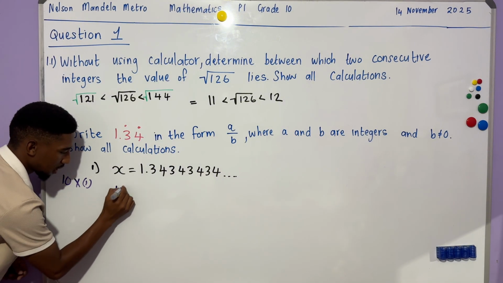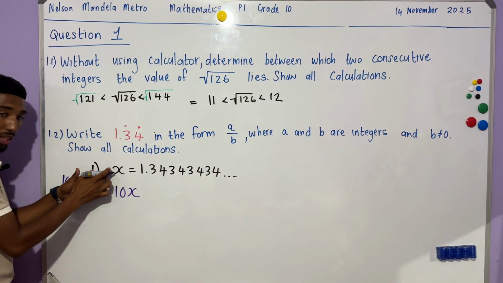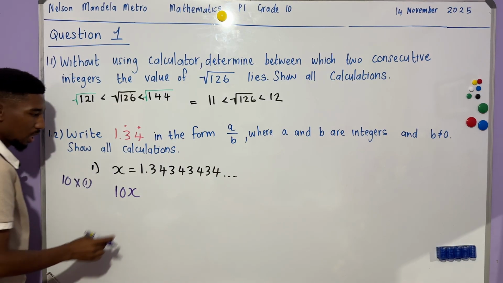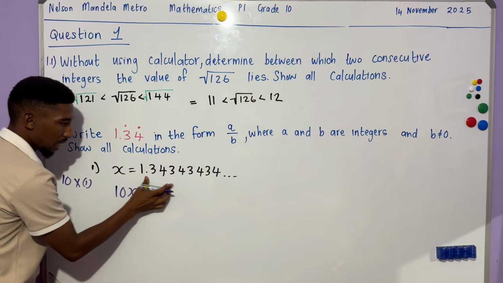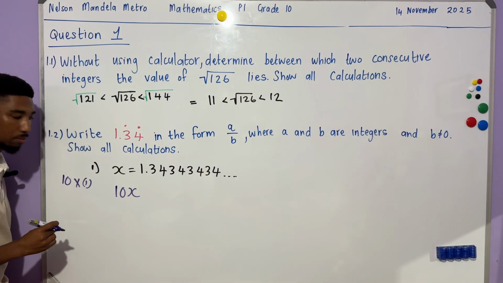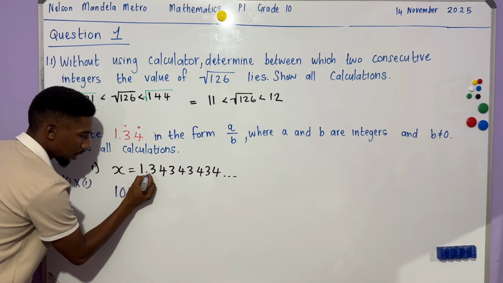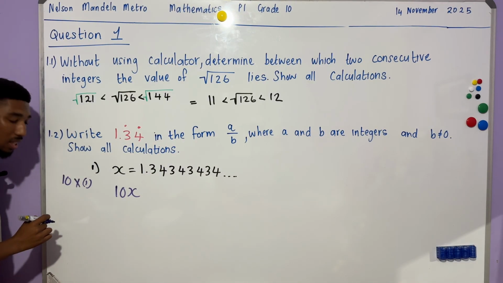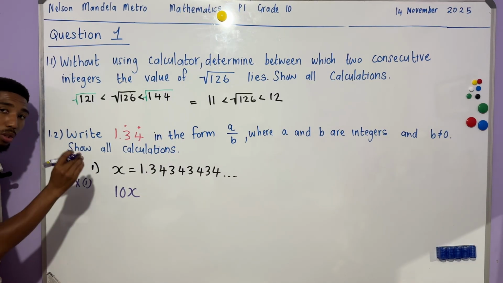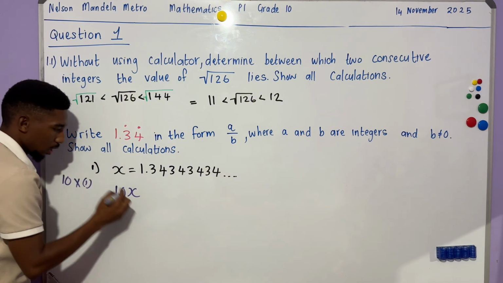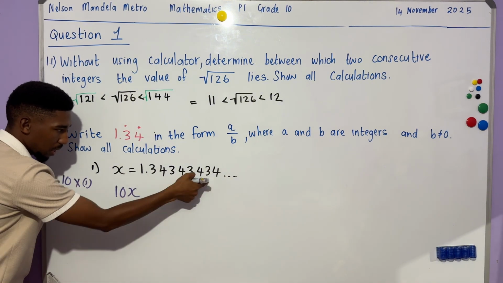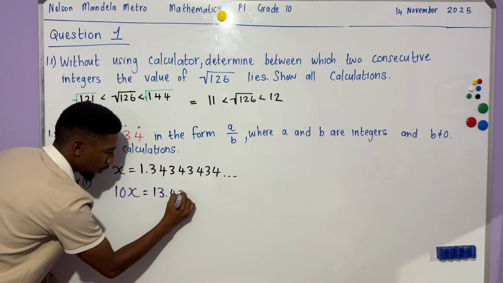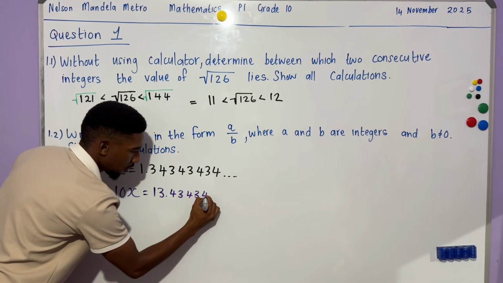That will give us 10x because we've multiplied x by 10. Then when we multiply any decimal, we simply shift the decimal once to the right, depending on how many zeros. This only works for the multiples of 10. So we multiply this decimal by 10. This then gives us 13.434343.